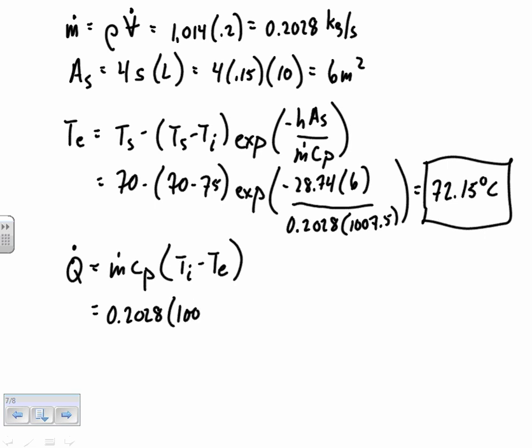Cp is 1007.5. My inlet temperature, that was 75. And my exit, I just solved for 72.15. And now I found my heat transfer rate, 582 watts.